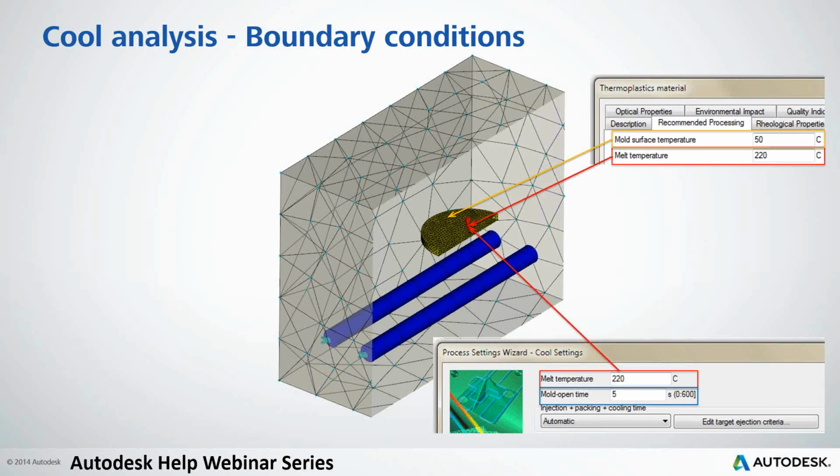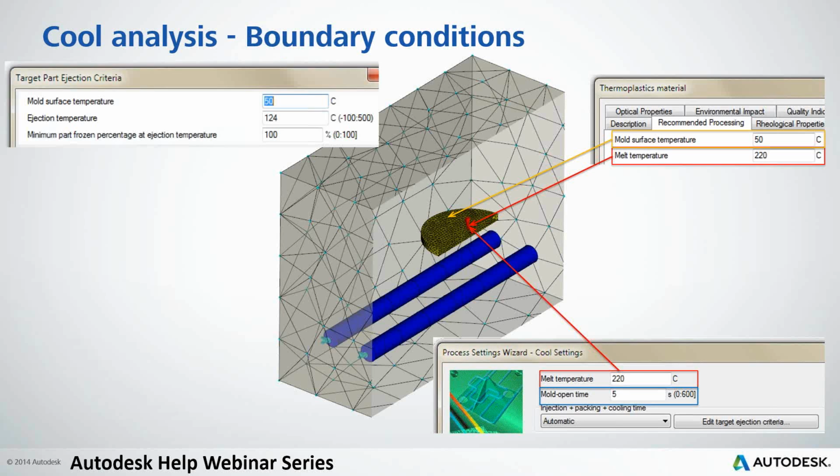And here in injection, packing, cooling time, we could define the cycle that we know we want to reach, or we could let Moldflow calculate which is the shortest cycle time based on some criteria. If you click on this button, you open three main criteria. The first one is the mold surface temperature, once more taken directly from the material database.